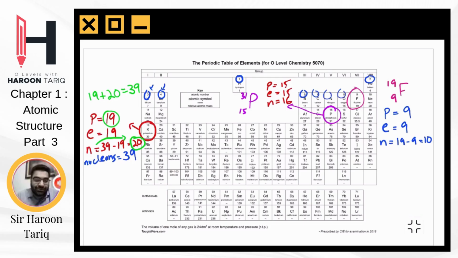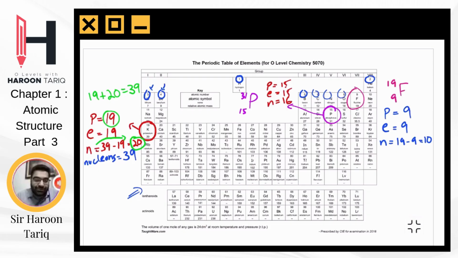Every next element has one proton number greater than the previous one. So the arrangement in the periodic table is because of the number of protons. You can check this periodic table, no two elements have the same number of protons. Proton number is unique for every element.